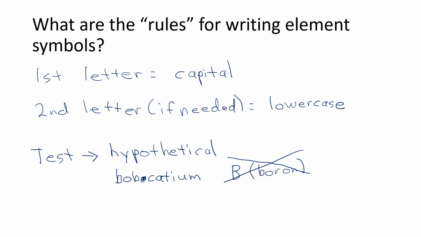And if we use Bc, we've got to be careful that the first letter is capital and the second letter is lowercase. We may be able to use something like Bt, or some other combination as well, if you would prefer. But you've got to be really sure that that first letter is capital and the second letter is lowercase.